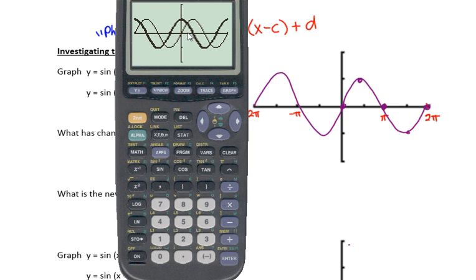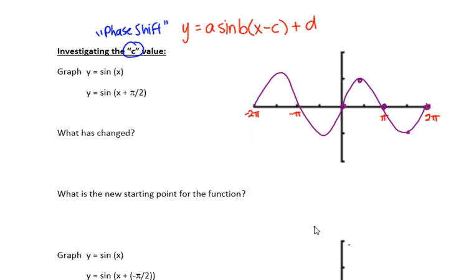So we have to go way over here, like it's right here to the left, right? We can see it moved to the left, and it actually moved to the left pi over 2 because that's the units. So if it's a plus pi over 2, it means it's shifted pi over 2 to the left.